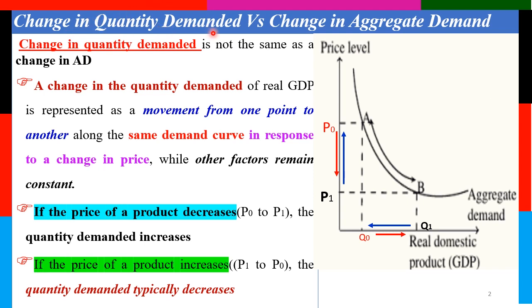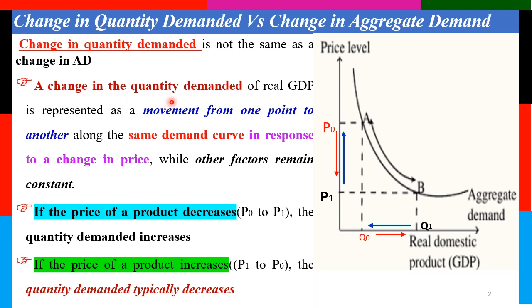Change in the quantity demanded versus change in aggregate demand. Change in the quantity demanded is not the same as change in aggregate demand. The two concepts are completely different.